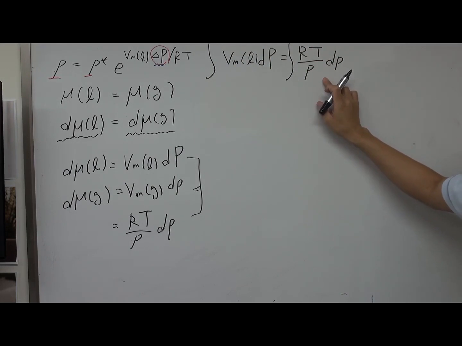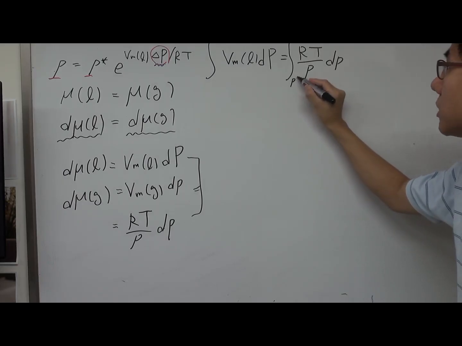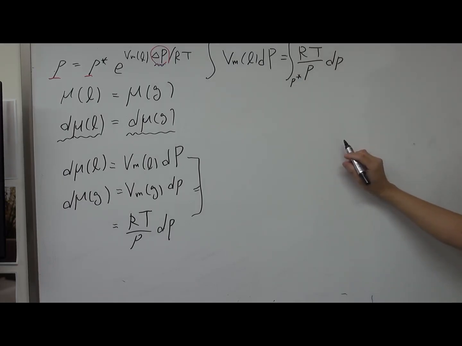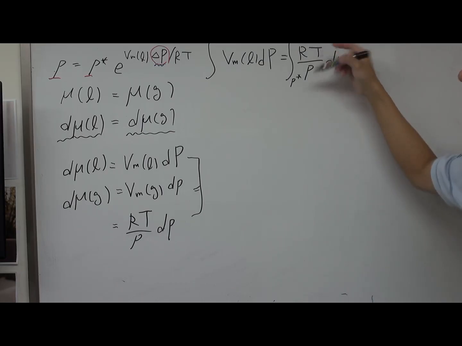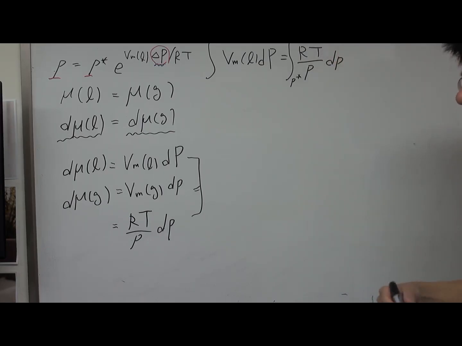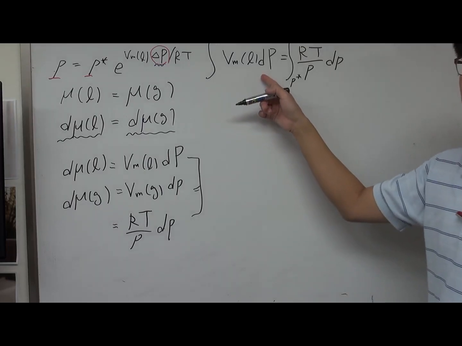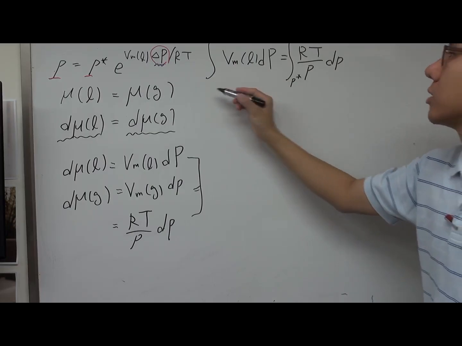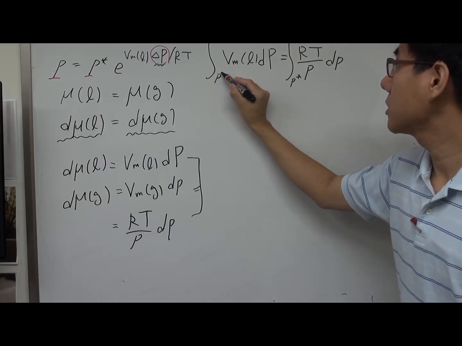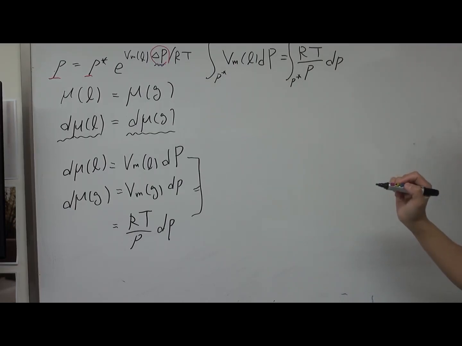Initial pressure for gas, basically vapor pressure, before we apply pressure to the liquid would be p star, right? And the final pressure after we apply pressure to the liquid would be p, vapor pressure. Okay? How about for liquid? Initial pressure that is applied to the liquid initially would be the same as p star, right?